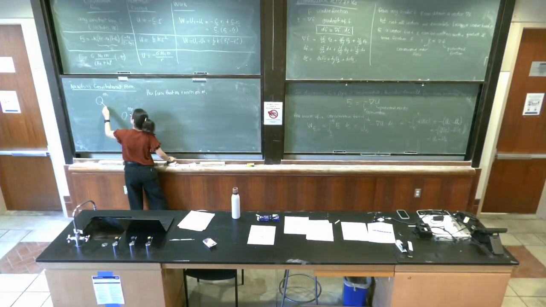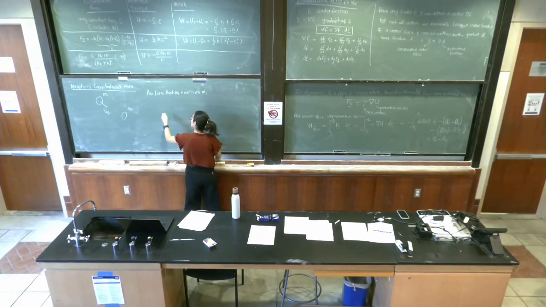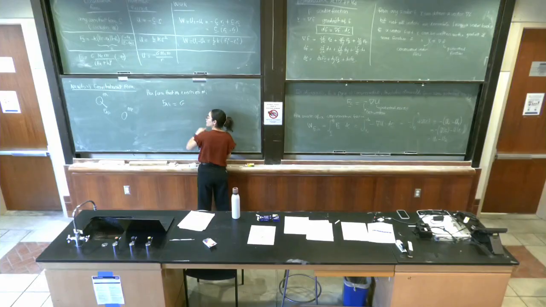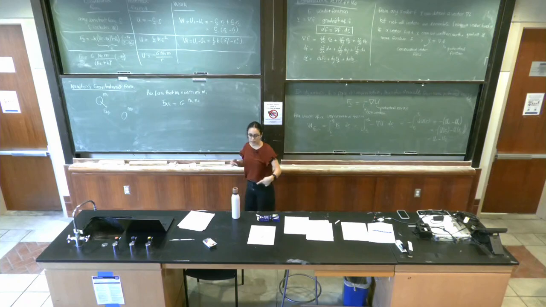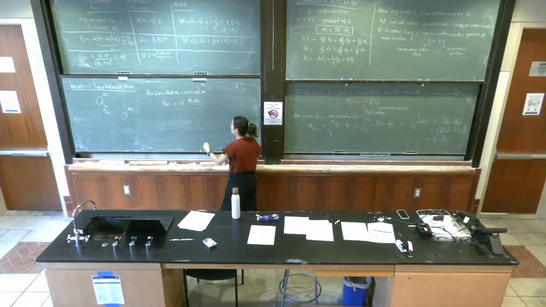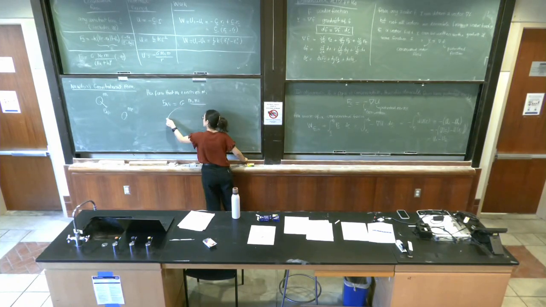So it's this, F2 on 1. F2 on 1 is proportional to the two masses, m1 and m2. So the bigger the two masses, the bigger the force between them. G is a gravitational constant.